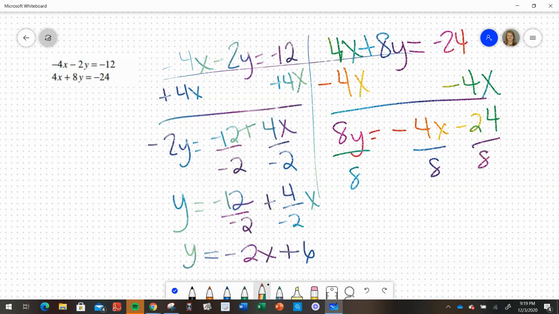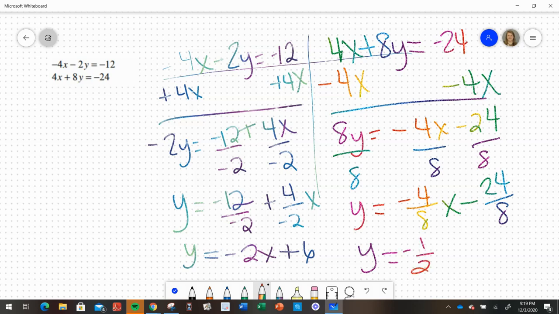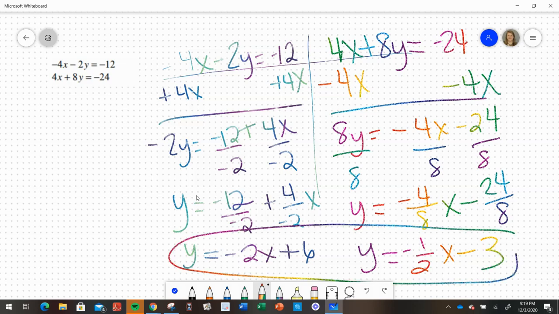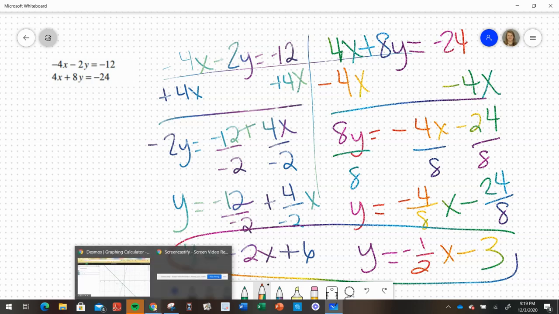Again, I can go ahead and type this into Desmos for the sake of my system, but if I want to, I can simplify. So 4/8 simplifies down to 1/2, and 24 divided by 8 is 3. These are the two that I'm going to type in, but keep in mind you can type in the unsimplified version and it's going to give you the same thing.